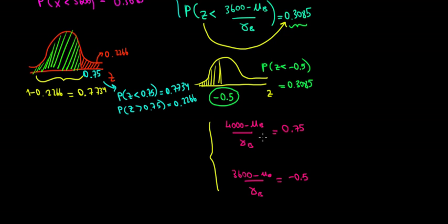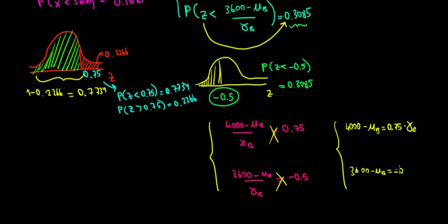Now, how would we solve that? Well, first of all, let's do a cross product on the first and on the second equation. So we would have 4,000 minus the mean is equal to 0.75 times the standard deviation. And over here we have 3,600 minus the mean is equal to minus 0.5 multiplied with the standard deviation.